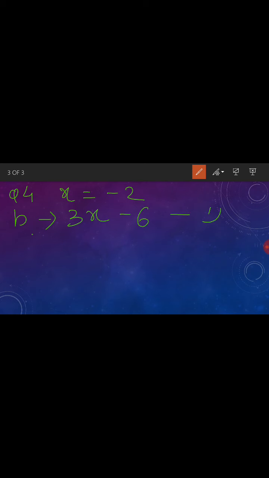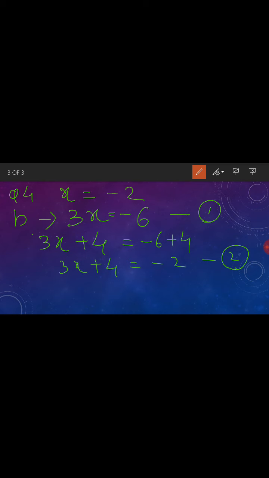So this was your first equation. Now the equals to sign is left. Now you can add 4 to both the sides. So your next equation will be 3x plus 4 equals minus 6 plus 4. Minus 6 plus 4, so what did you get? 3x plus 4 equals minus 2. Now this is your second equation.